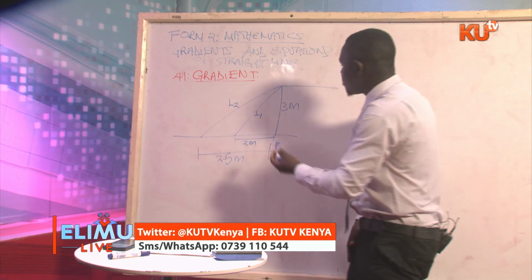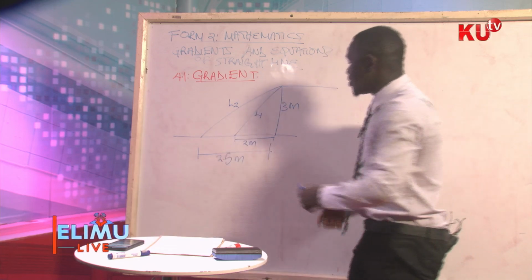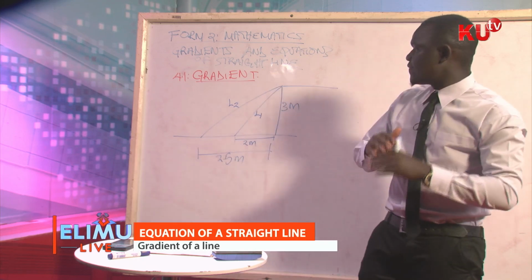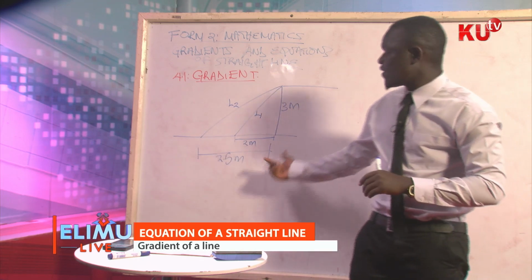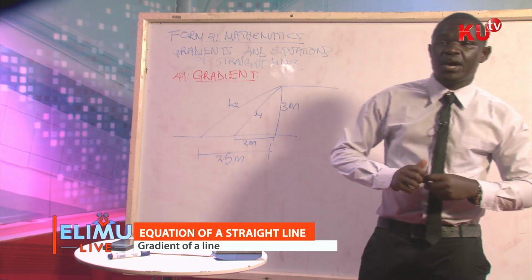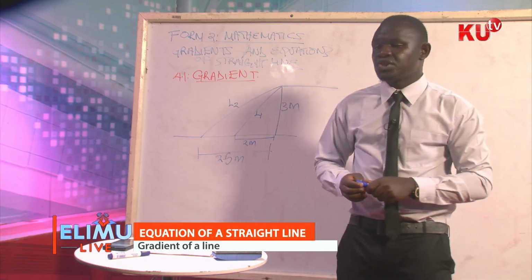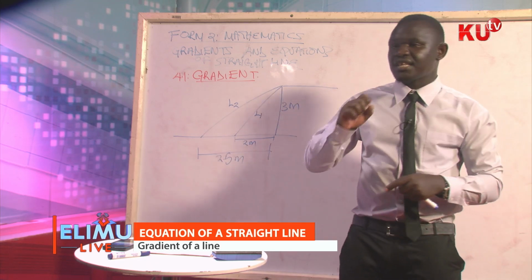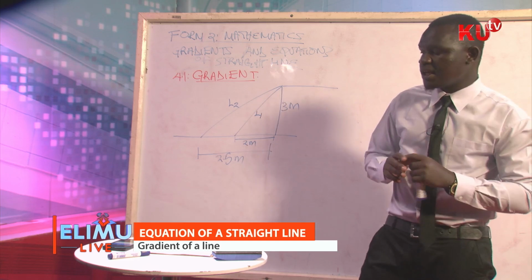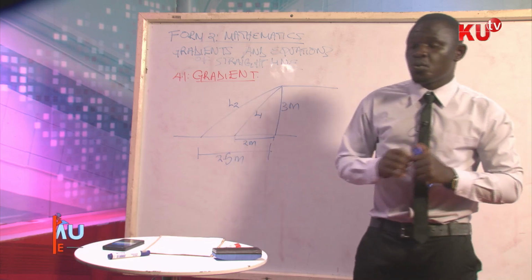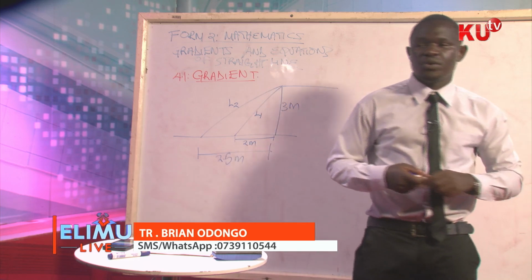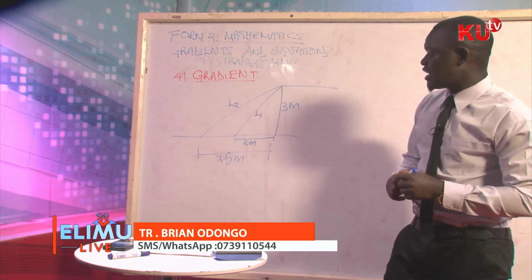In order to know which ladder we are going to use, we are going to compare the vertical distance and the horizontal distance. Are we together, students? So the ratio between the vertical distance and the horizontal distance will tell us which ladder we are going to use.